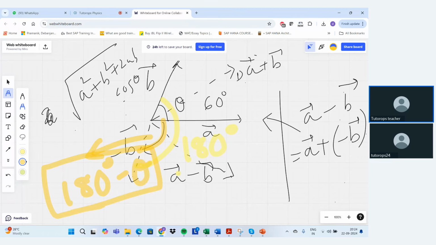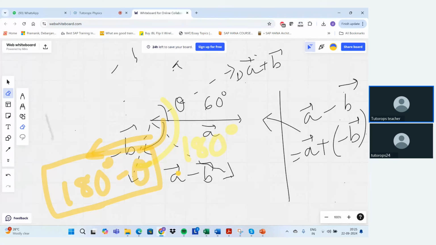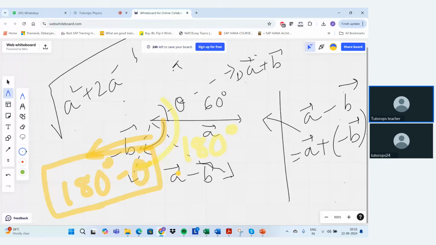So while you are doing the resultant for the subtraction case, you always have to make this angle 180 degrees minus theta. The resultant will be the square root of a square plus b square plus 2ab cos of 180 degrees minus theta. This will be your concept.